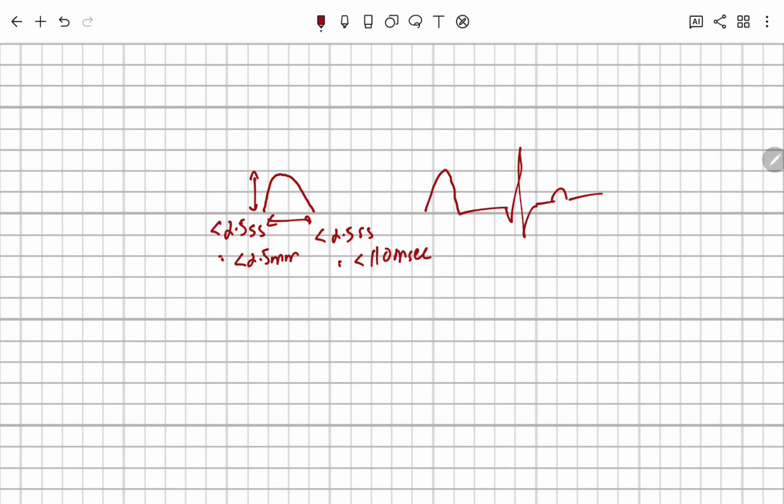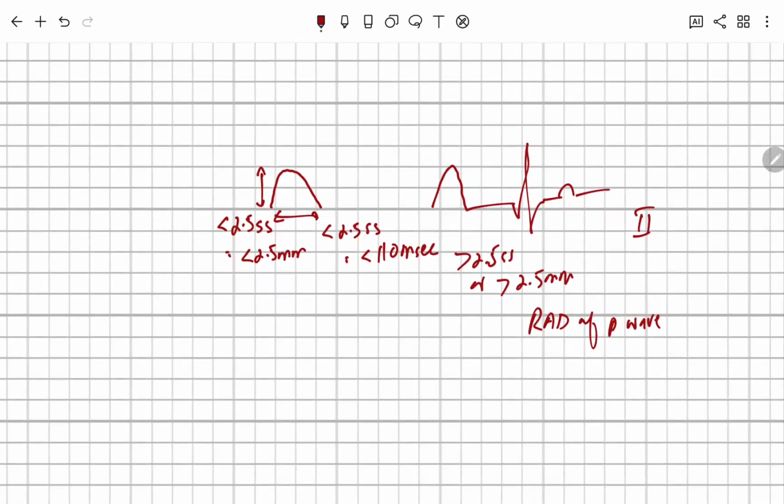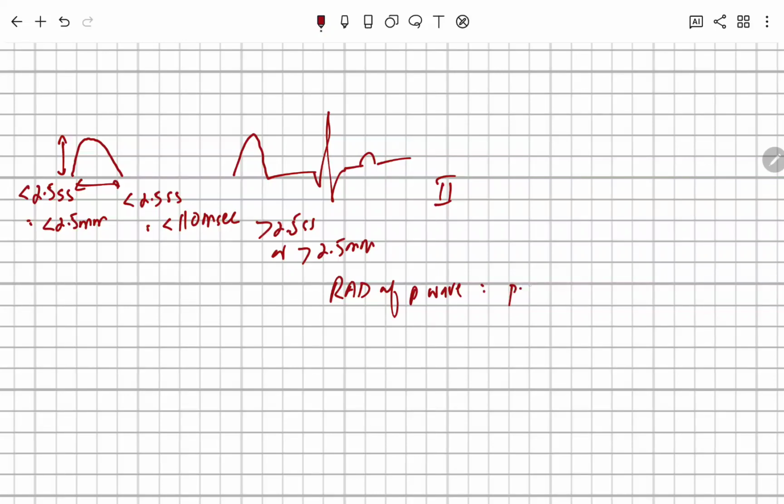So if the height is more than 2.5 small scales, or more than 2.5 millimeters, in the rhythm lead, that is lead 2, and along with that there is right axis deviation of P wave, we're going to say that this is called P pulmonale.